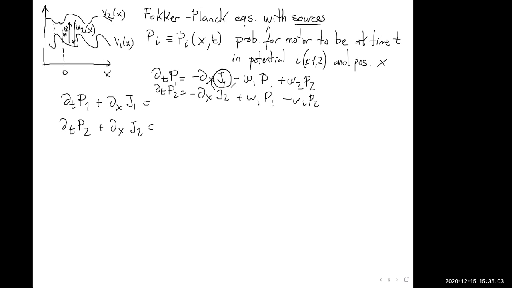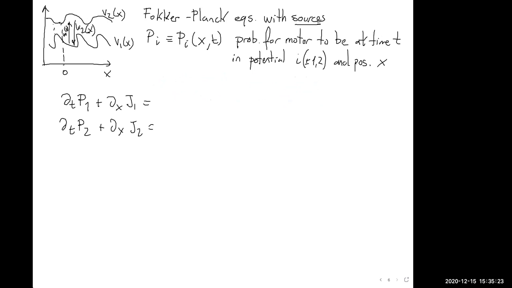These J's will have the structure of a Fokker-Planck. You will have a drift and a diffusion in each of the potentials. That's what I'm going to write now. Maybe it will be more clear once I write it a bit slower. So it will be like this. And now I'll write here minus omega 1x P1 plus omega 2x P2, and here omega 1x P1 minus omega 2x P2.